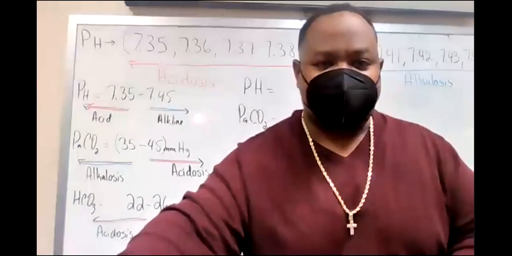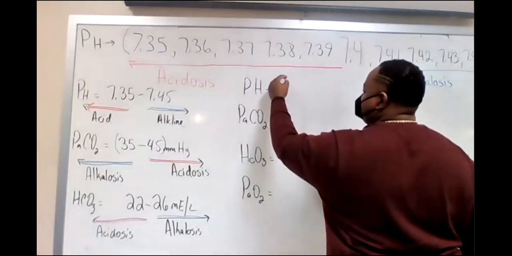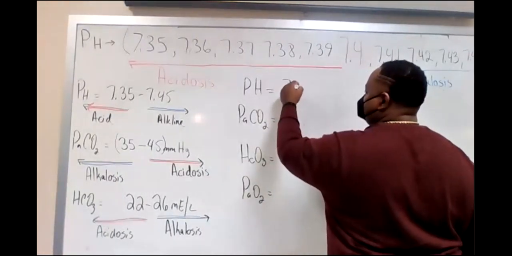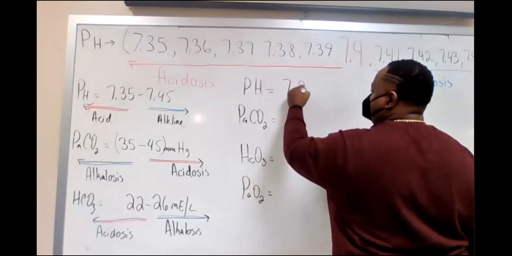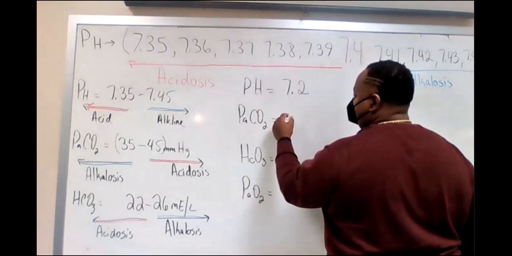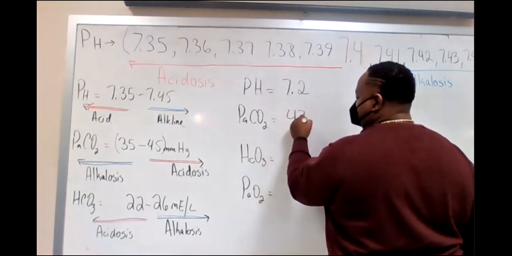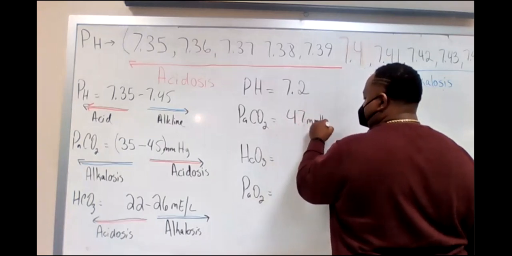All right, Talicia. pH of 7.2. CO2 of 47 millimeters of mercury.